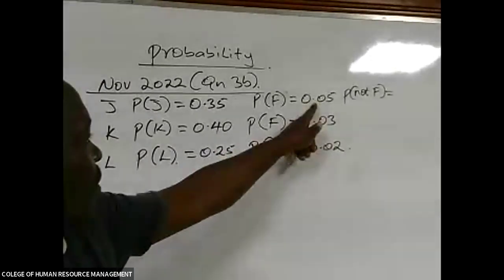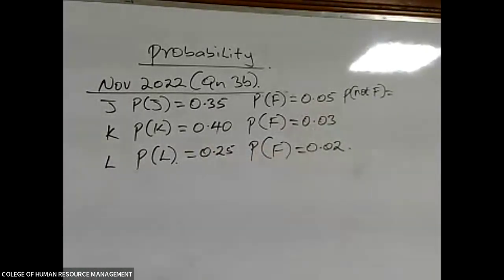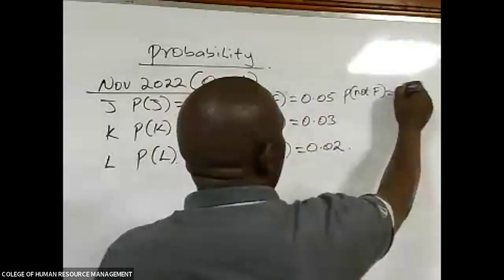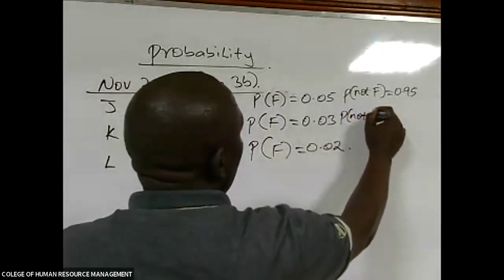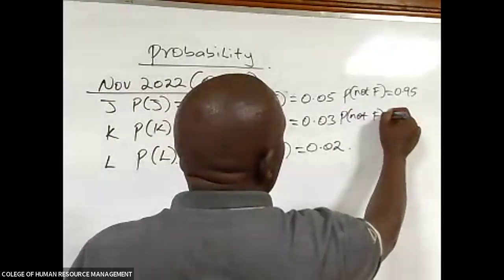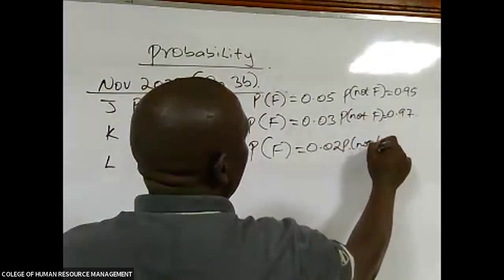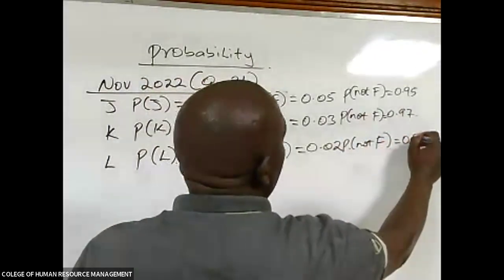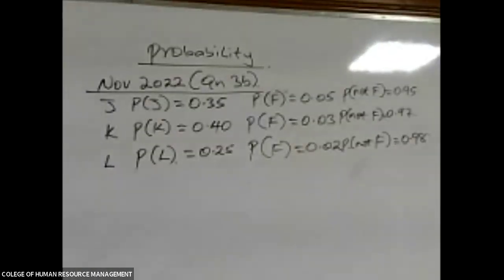You get 0.95. The probability of not faulty for K will be 0.97, and for L it is 0.98. Then with that, you can answer those questions comfortably without any problem.